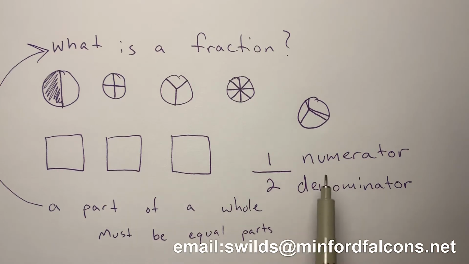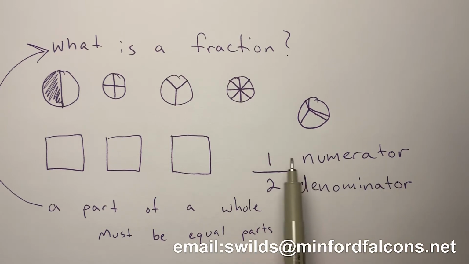We need to talk about these things called numerators and denominators. They're just big words for super easy things to remember. So don't get mixed up with what these words are, but instead think about what they mean. A numerator is the top number in a fraction.